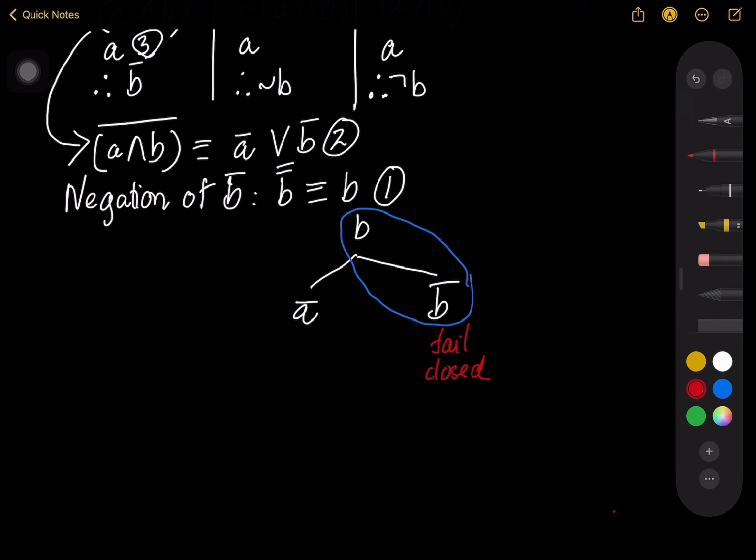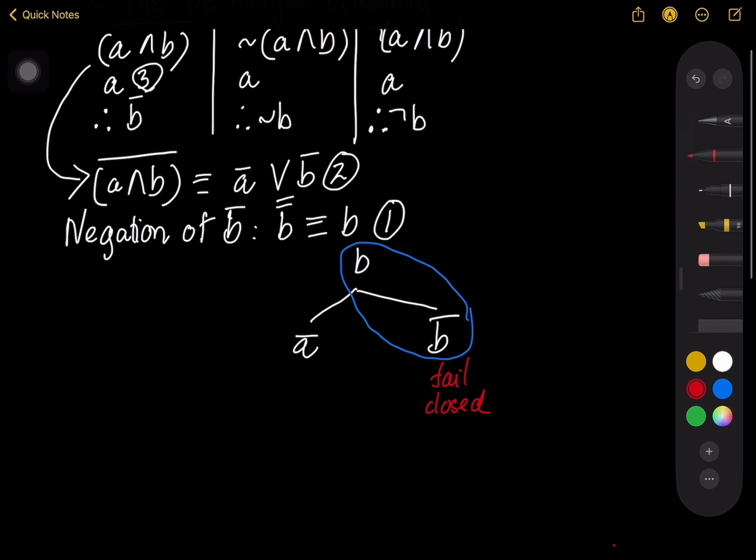Okay, and then let's move to this branch over here, which is followed by our second premise. Our second premise is A, so you stack it up. In this branch, is there a contradiction?